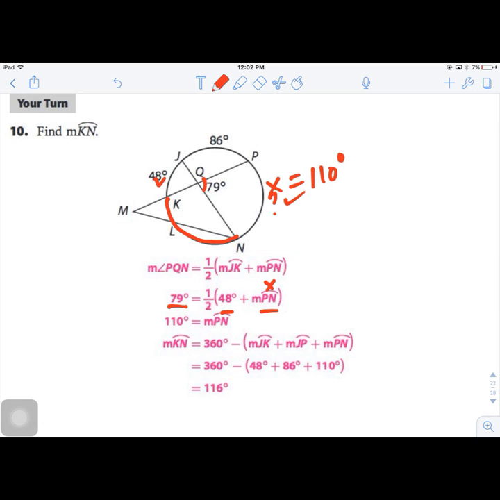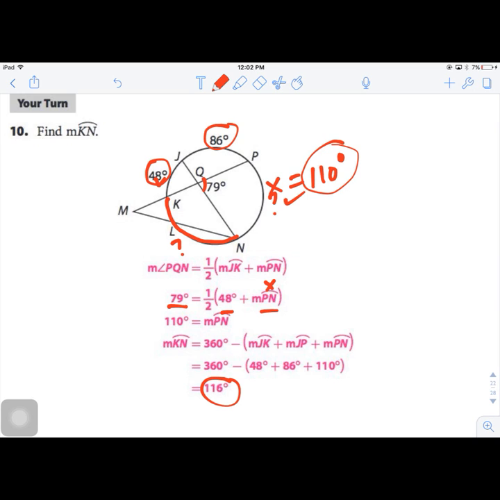And then we're going to take 360 minus the 48 minus the 86 minus the 110, and that will give us the leftover piece, which goes from here to here, and that would be 116 degrees.